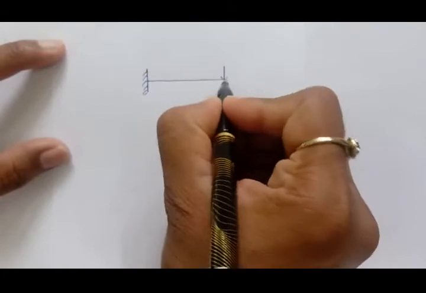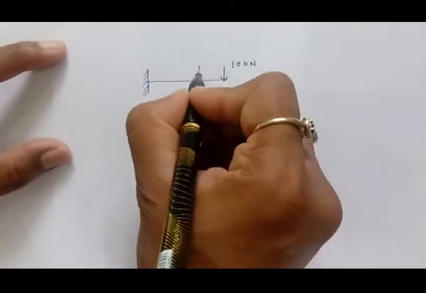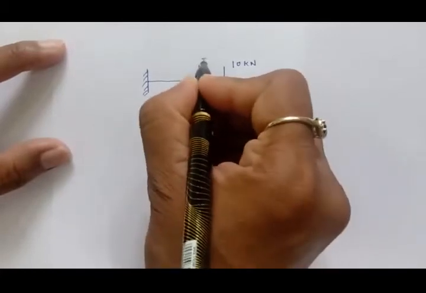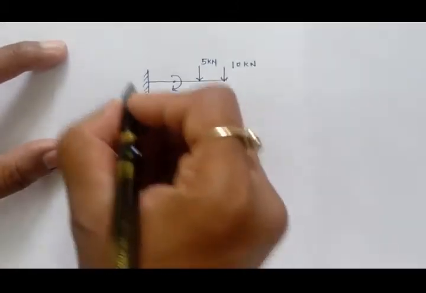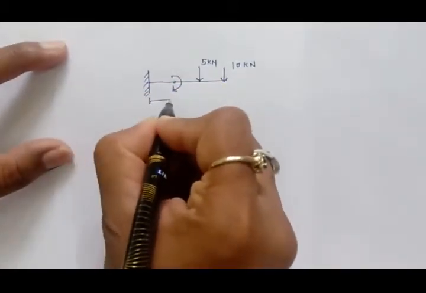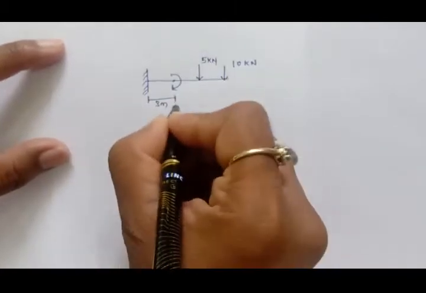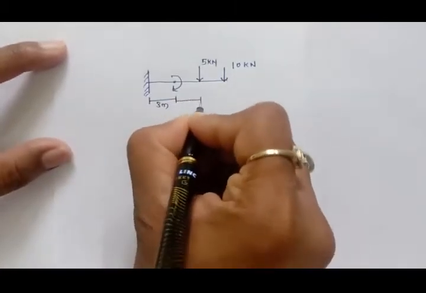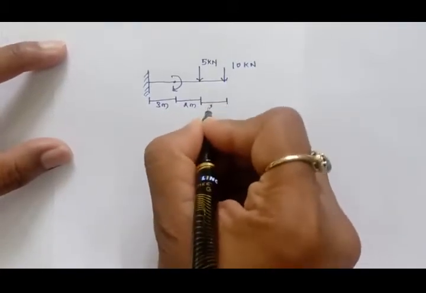having this point load 10 kilonewton and then the 5 kilonewton. Then there is one couple. From here to this couple the distance is suppose 3 meter, it's 2 meter, and then from here to here this 2 meter.